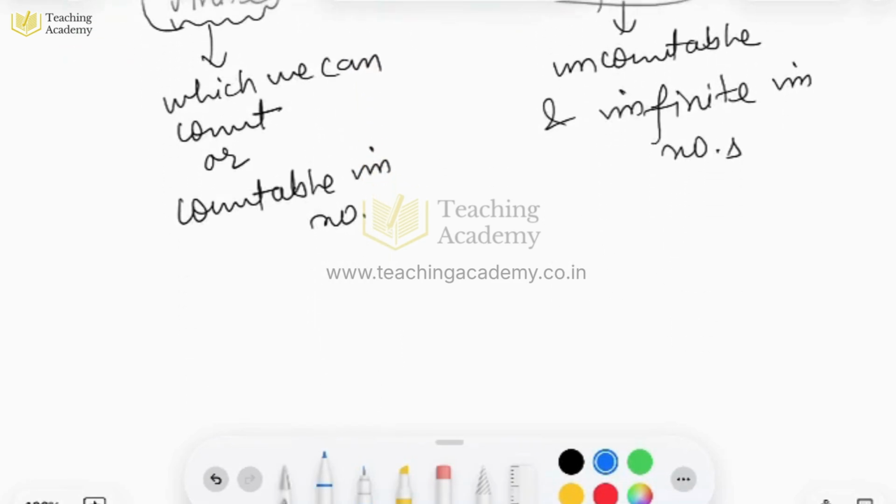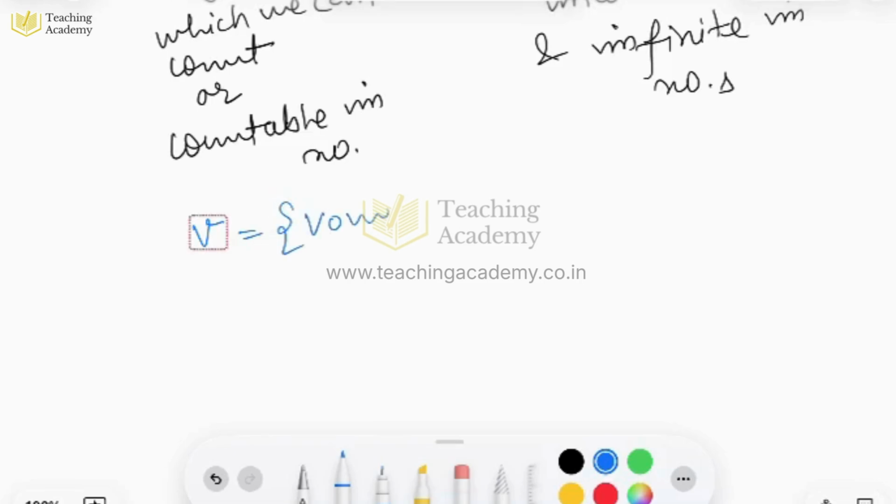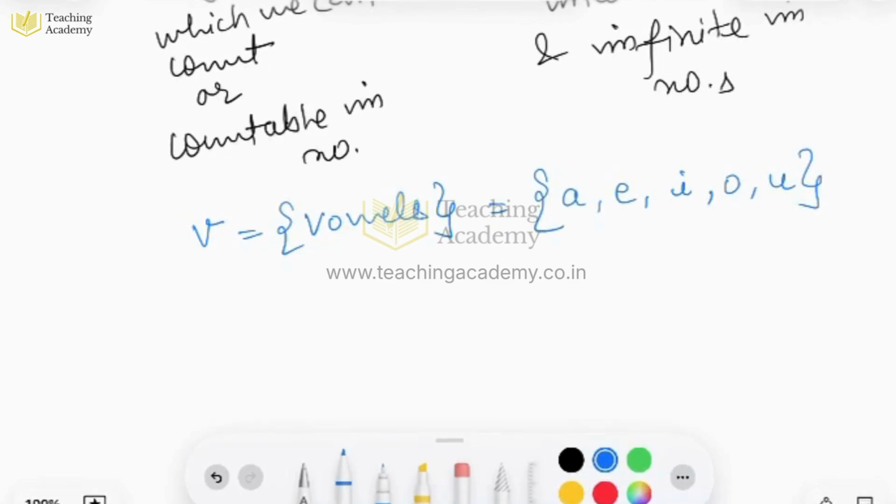Let's take an example for this. Suppose I have already written a set V, and V here stands for the vowels, and the vowel examples are a, e, i, o, u. Second, I'm taking E. E stands for the even numbers in the set.